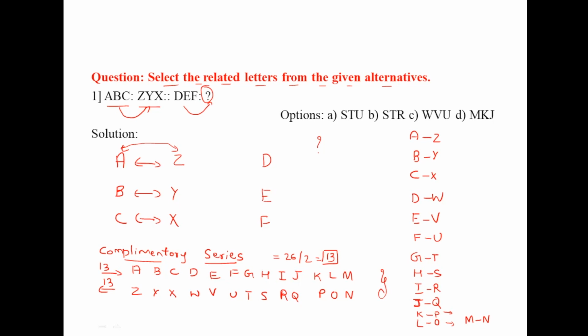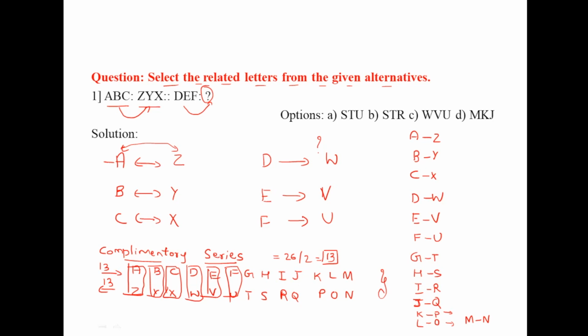Okay? So just see A, Z, yes, it is a complementary series. Next BY, yes, it is complementary. Next CX, yes, it is also a complementary series. Next, what about D now? For D it is W. For E it is EV, evening, EV. And for F it is fun, FU.